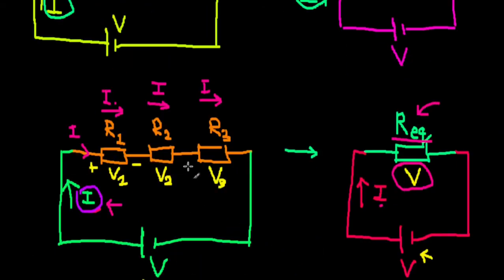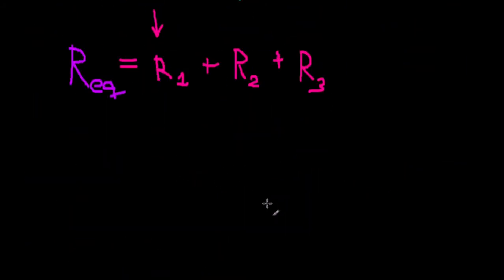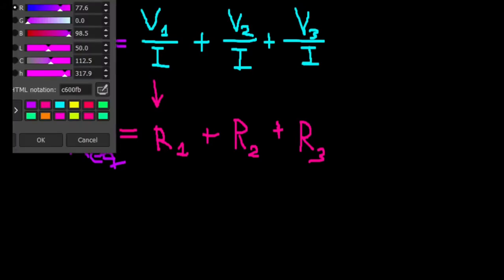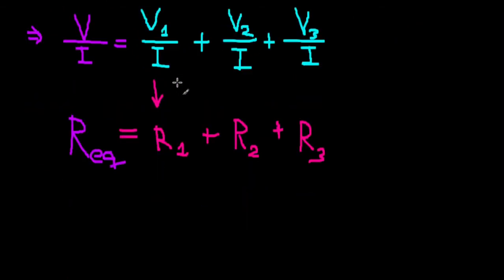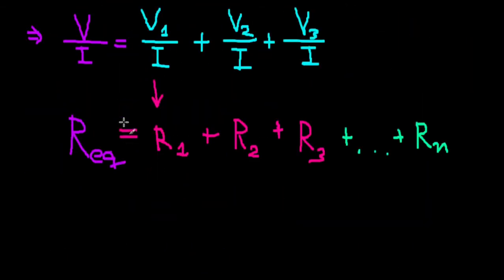In a series combination of resistors, your equivalent resistance is the sum of the individual resistances. As I said before, you could have as many resistors in series as you like. If there were n resistors, you'd add them all up.